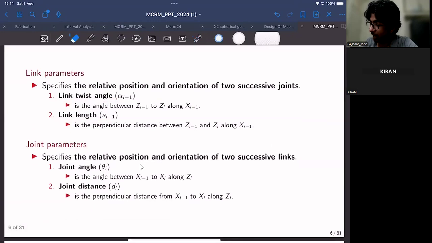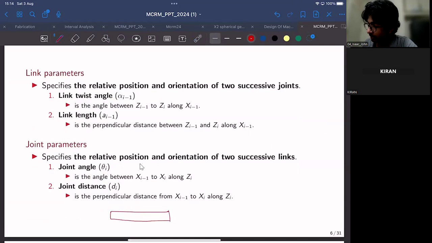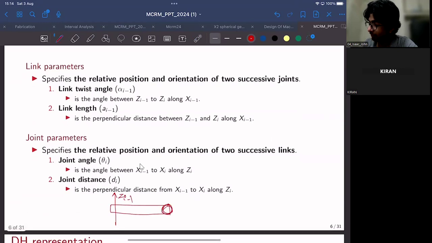For example, if you have 2 links like this, I'll represent this as one link. We have an axis like so, which I'll call zi minus 1. And we have another axis that is out of plane, and which is orthogonal, at 90 degrees with respect to the zi minus 1 axis.